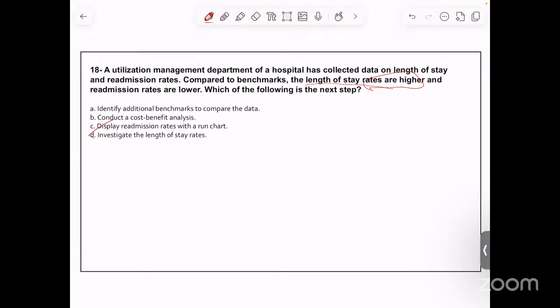Letter C is incorrect also because readmission rates are already lower. So further analysis of the data is about why there is a higher length of stay. Okay, clear? Okay, number 19.